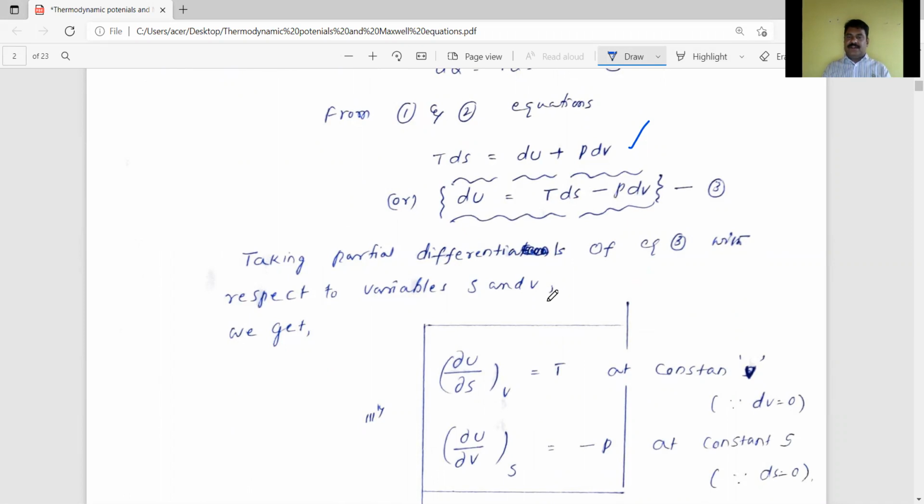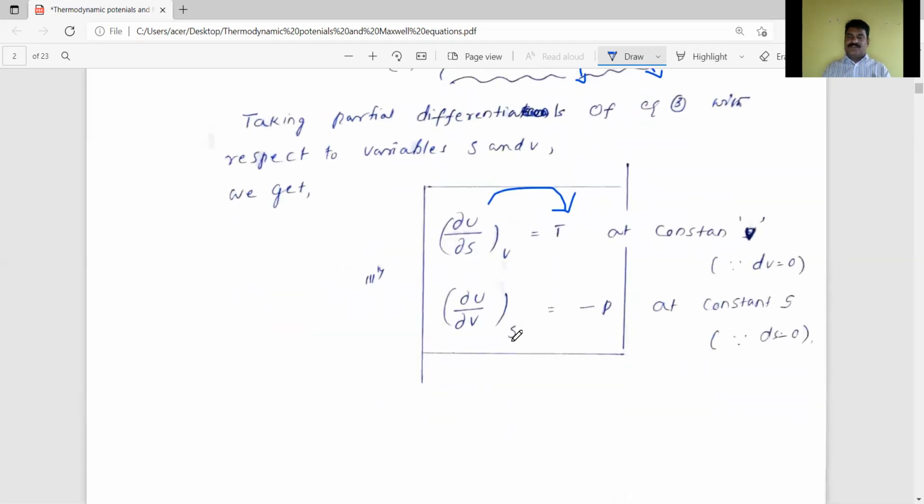If you take entropy as a constant, then minus P equal to dou U by dou V at S. If you take volume as a constant, then T equal to dou U by dou S at V. That means at a constant volume, the rate of change of internal energy with entropy is equal to temperature T. Similarly, at a constant entropy, the rate of change of internal energy with volume is equal to pressure.